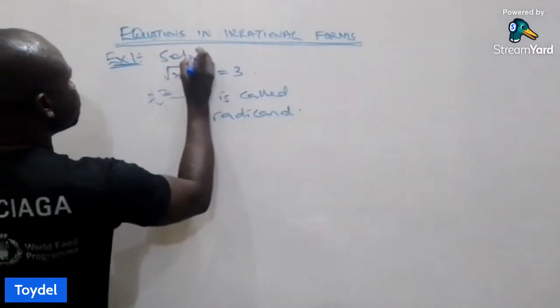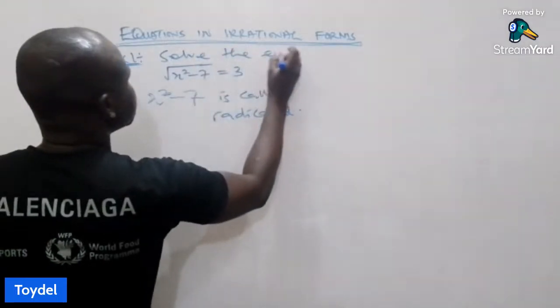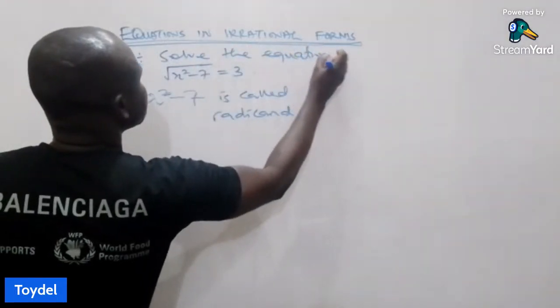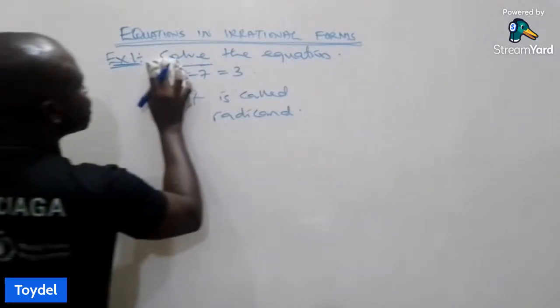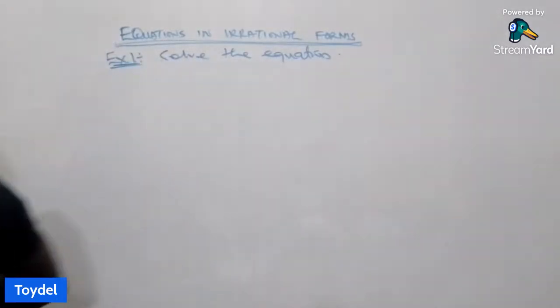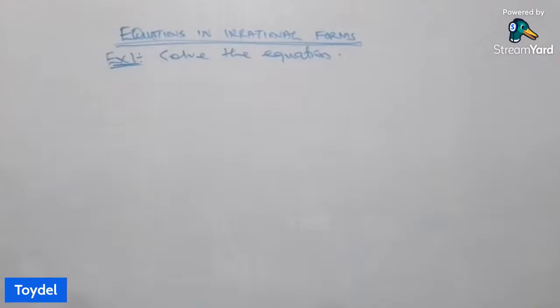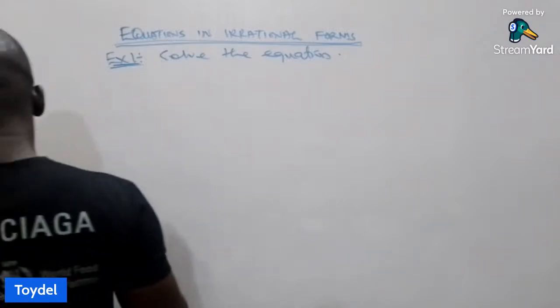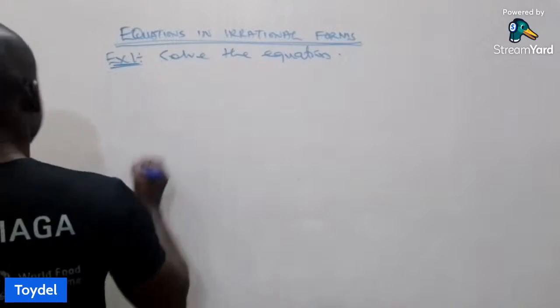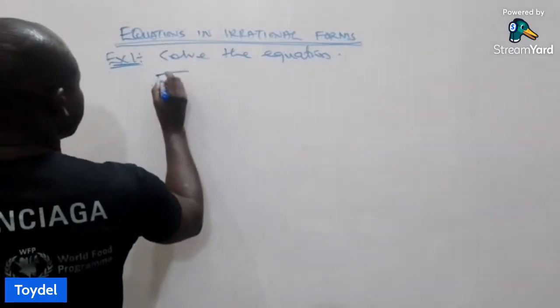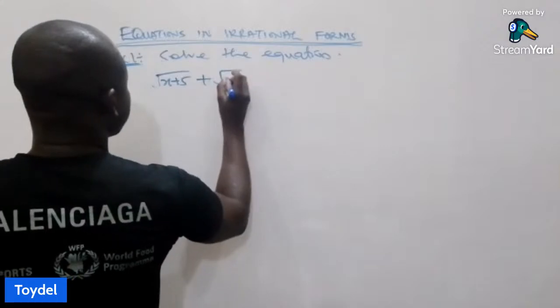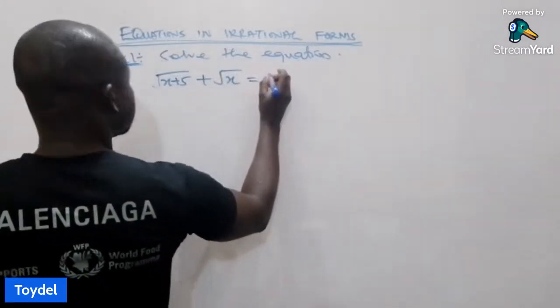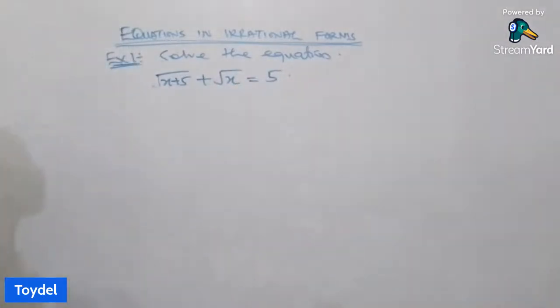Solve the equation. I'm going to write a particular equation now on the board, and we solve that equation. For instance, solve the equation: square root of x plus 5 plus square root of x is equal to 5.